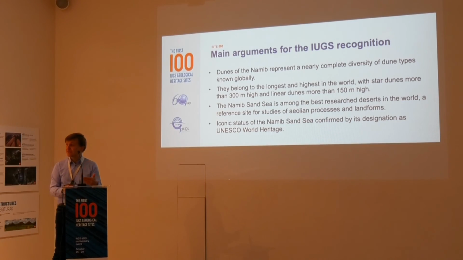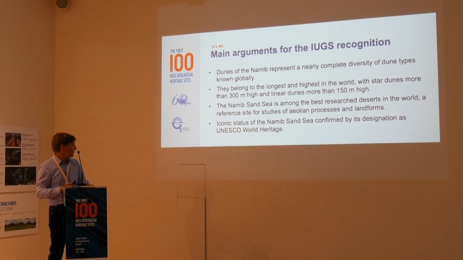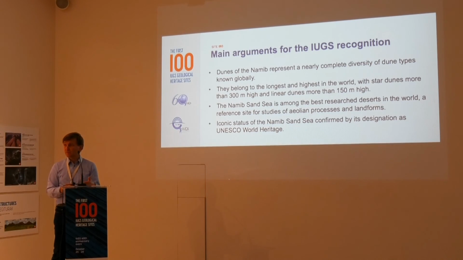It's one of the best studied areas in the world in terms of aeolian processes, and its scientific status has been confirmed some years ago by granting the World Heritage designation, and criterion number 8, emphasizing geoscience values, was an important part of that.